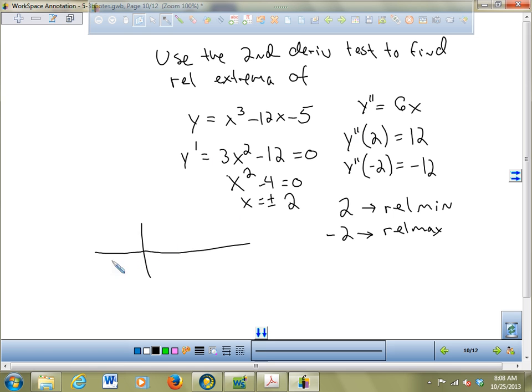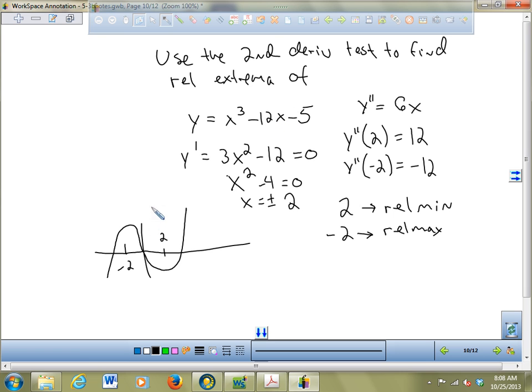So at negative 2, I have a relative maximum, and at positive 2, I have a relative minimum, like that. Isn't that cool? Then I want to do one more where you have an undefined thingy. Did you just plug your negatives back into the function? Yeah, you could plug 2 back into the function and find the actual y values.